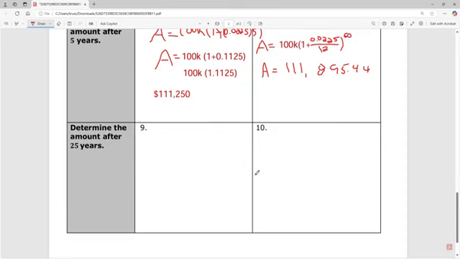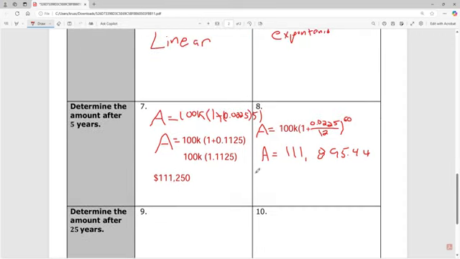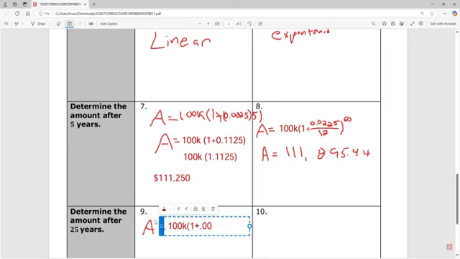So how about 25 years? Let's use the same thing. Instead of the 5, I'm going to turn this into 25. So I'm going to get A equals 100,000. I could probably do this linearly easily. So 100,000 times 1 plus 0.0225 times 25.